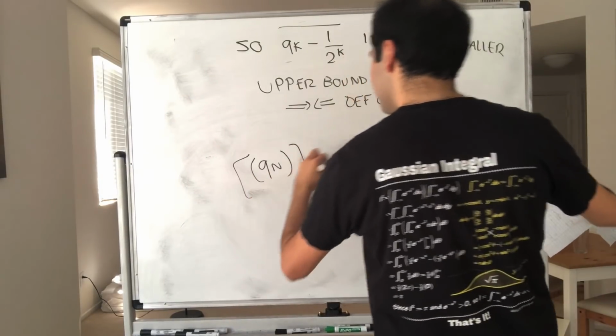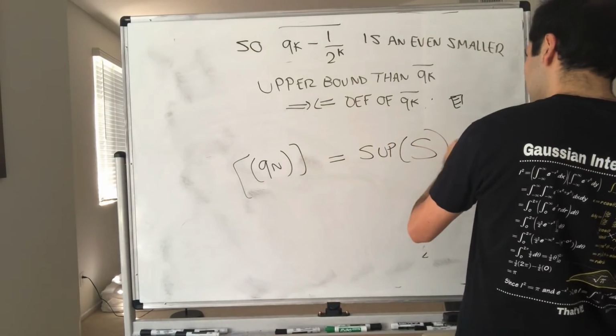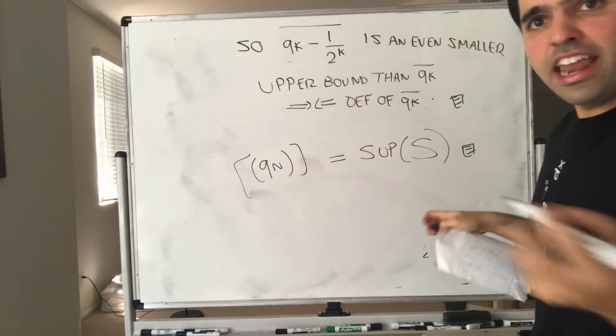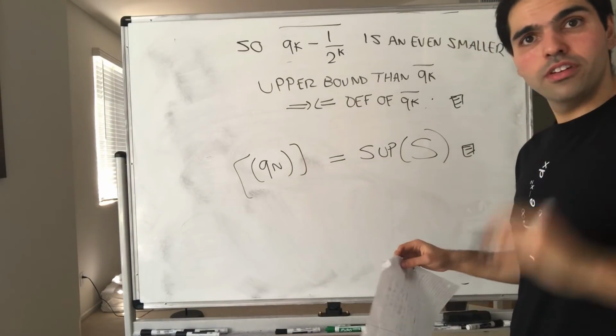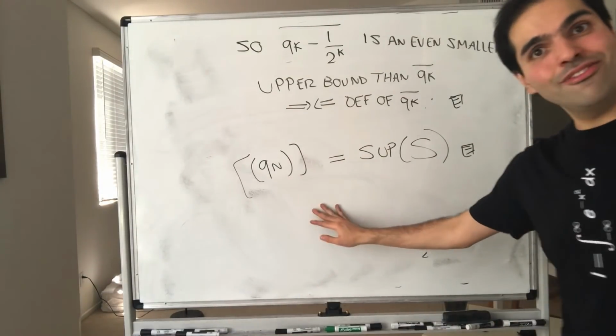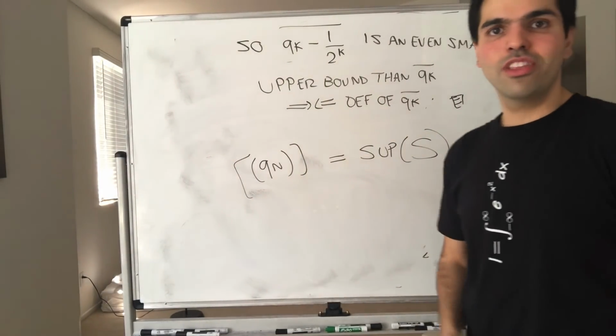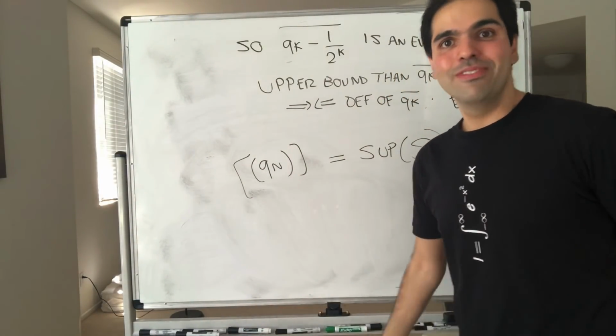This sequence Qn is the supremum of S. And therefore, any non-empty subset of R that is bounded above has a least upper bound. So in fact, this construction with Cauchy sequences makes R complete. Very good.